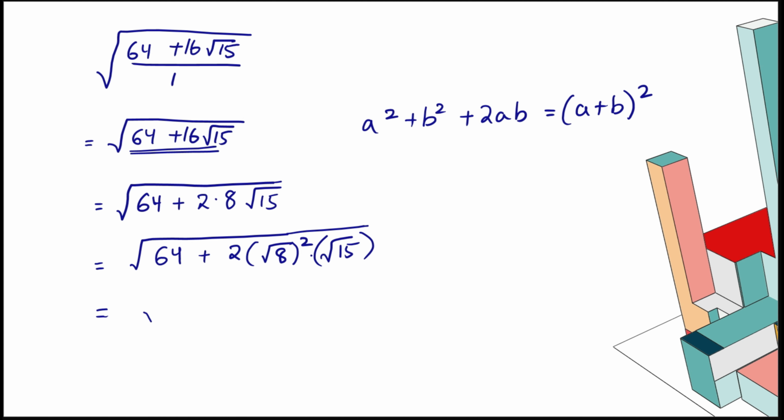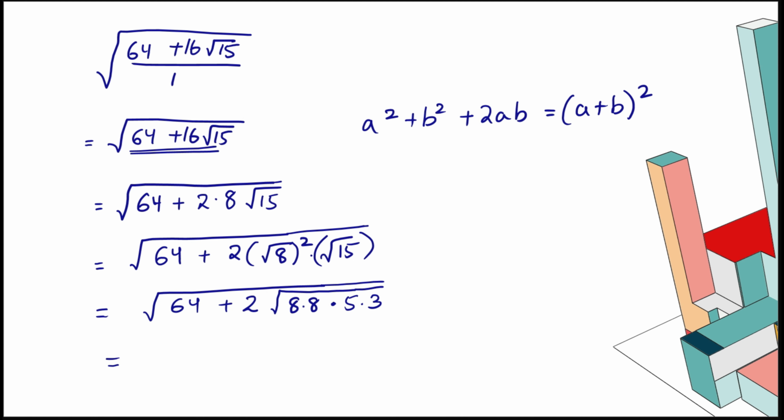The next step: 64 plus, now square root of 8 whole square, we can rewrite in a single square root. So 2 will remain as it is, and then square root of 8 times 8, and you can write 15 as 5 times 3.